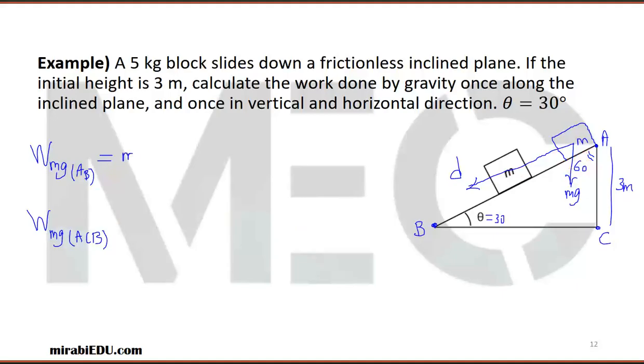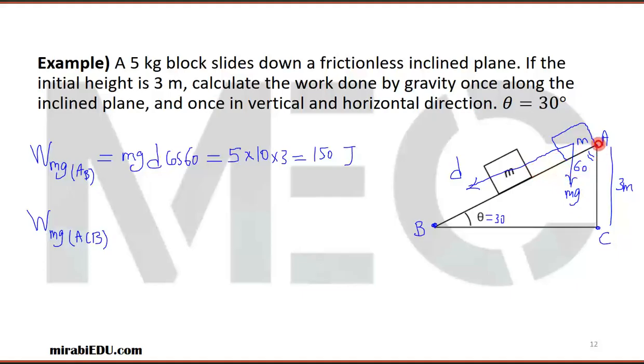So mg times d times cosine of 60. d cosine of 60 will be the same as h, or 3. Therefore, 5 times 10 times 3 will be 150 joule. The work is positive because the angle between force and displacement is an acute angle.